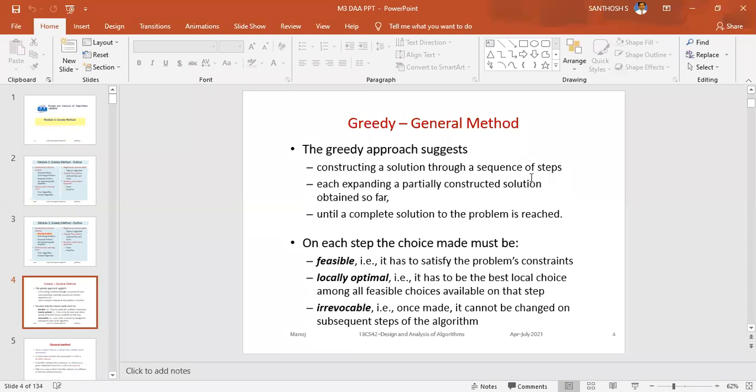At each step, the following must hold: the choice must be feasible, locally optimal, and irrevocable. So these are the conditions of the general method of the greedy technique.